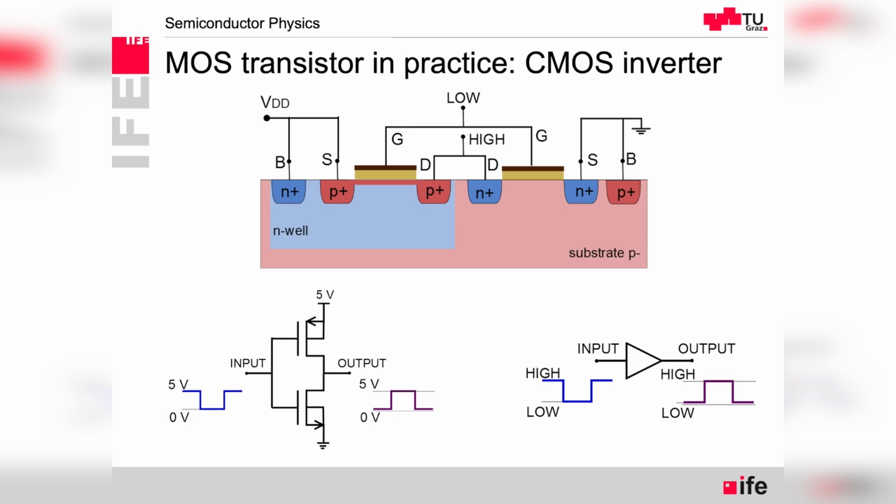We need the PMOS to be in an N-well and the NMOS to be in a P-type substrate. If we apply high voltage at the gate, and 5 volts at the power supply, which is connected to the bulk of the PMOS, and 0 volts at the bulk of the NMOS transistor, with the respective bulks and sources shorted, then the N-channel transistor will be fully on.